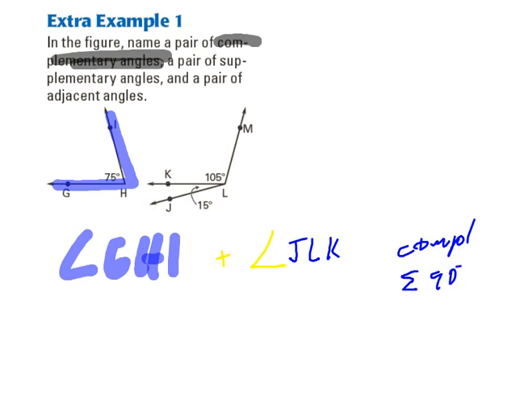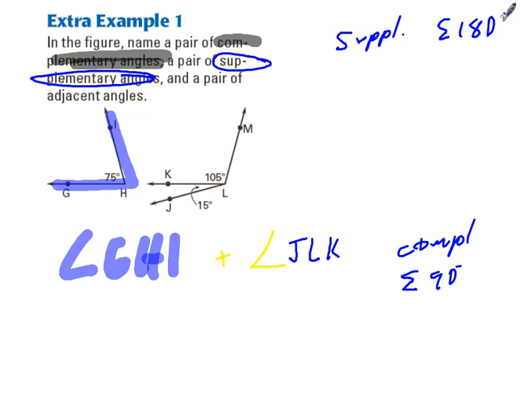Next question is asking us for supplementary angles. Supplementary angles sum to 180 degrees. So which two angles are going to sum to 180? Oh, that's 105 plus 75. So we can say angle GHI and angle MLK are supplementary.